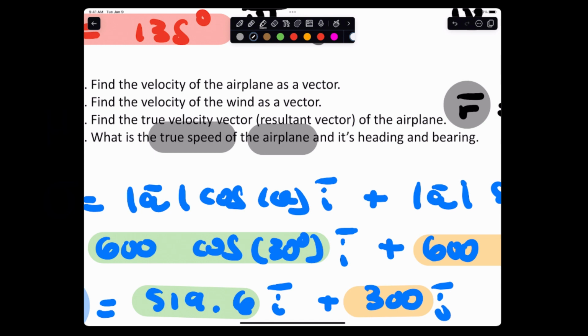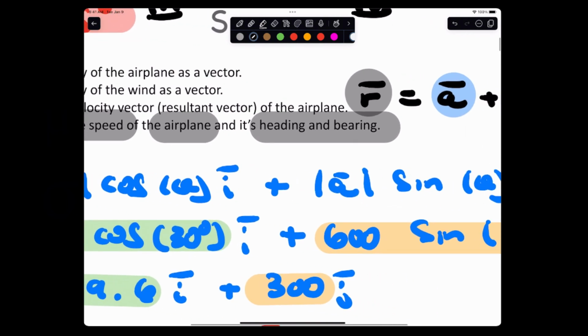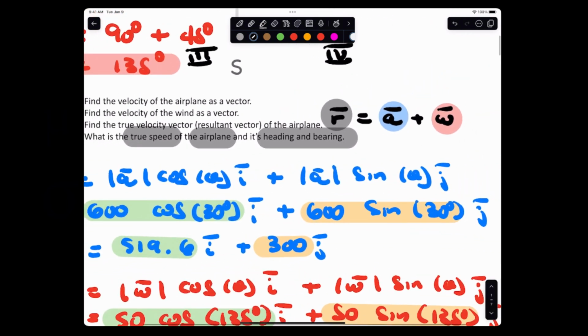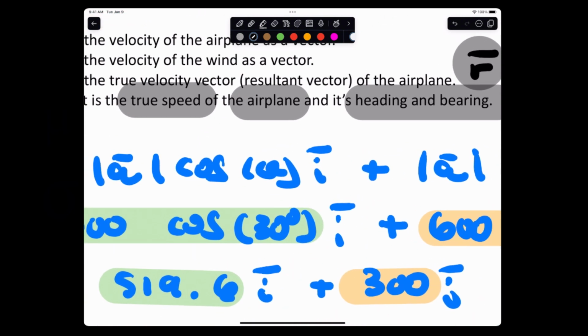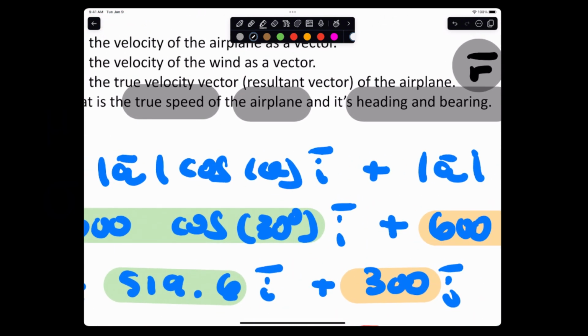And it's true heading and bearing. You see, once you get that vector R, the resultant vector, how do we represent the true speed? How do we represent the true heading and bearing? You know what they're asking for?